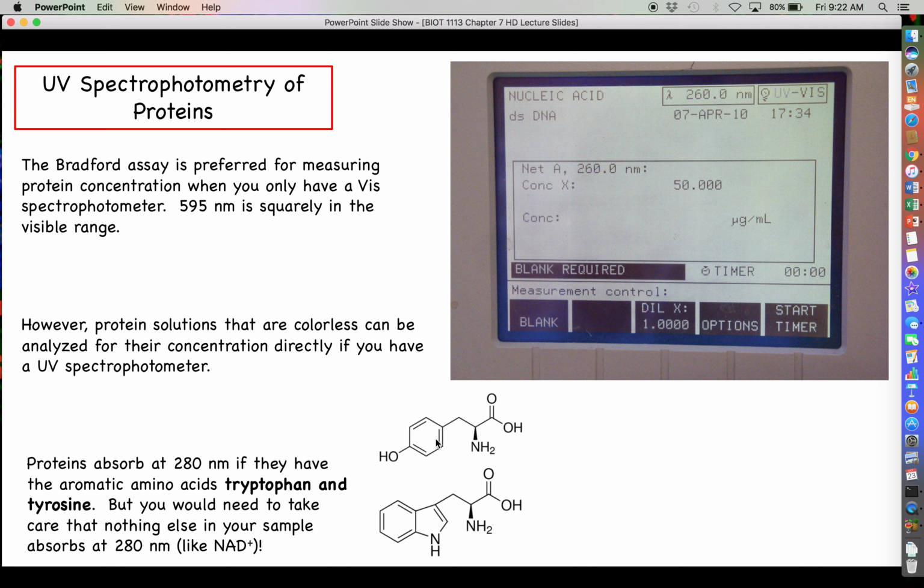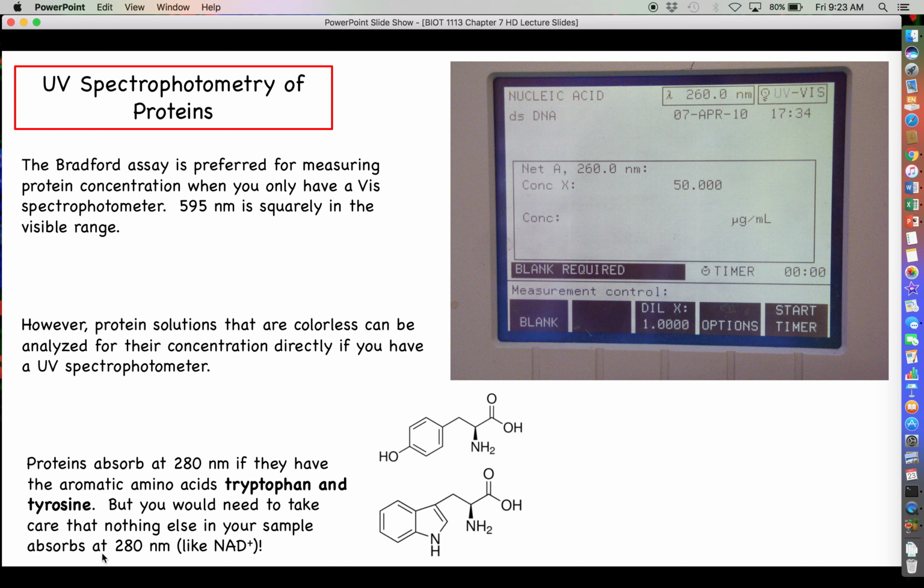So because of the resonance nature of these ring structures, they actually are capable of absorbing UV radiation, meaning that if we are measuring spectrophotometrically at the appropriate lambda max, which is 280 nanometers, we can apply all the same spectrophotometry theory to determine the total concentration of protein in solution.